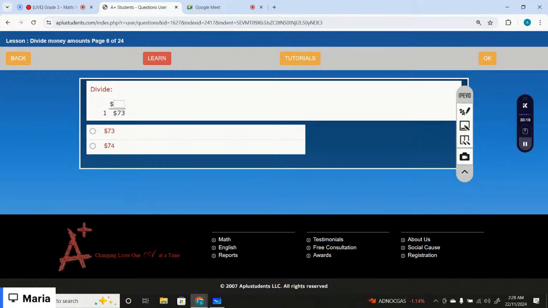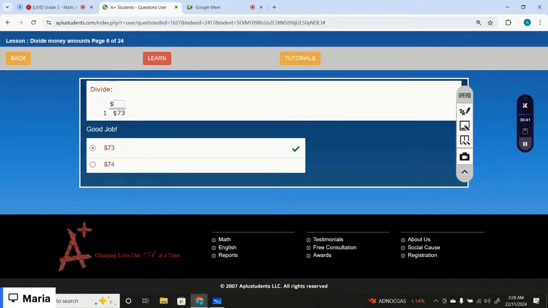1 divided by 73. Any number when you are dividing by 1, the number stays the same. So 73 it is.